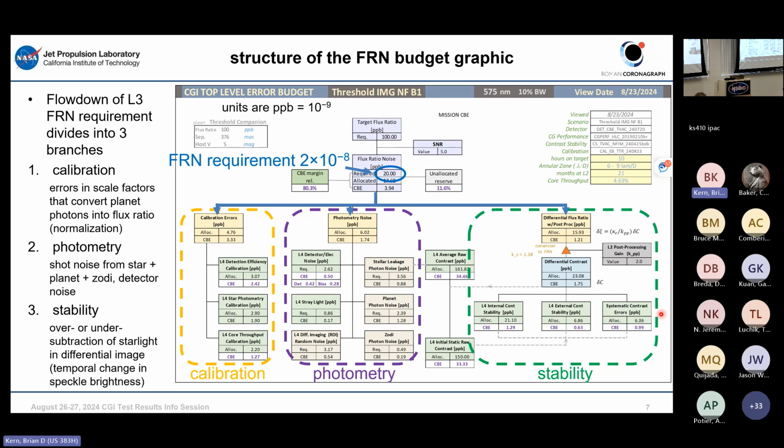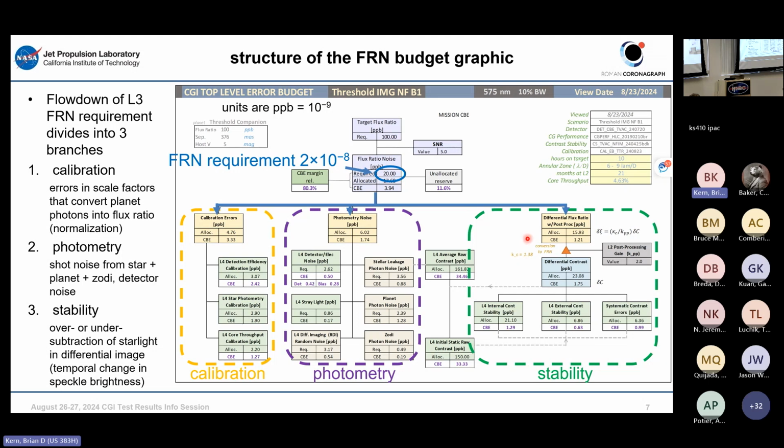This branch is stability. This is very specific to our differential context. The statement that I made that all of our flux ratio noise is measured after we do the differencing of target and reference, the math of that is all contained here.